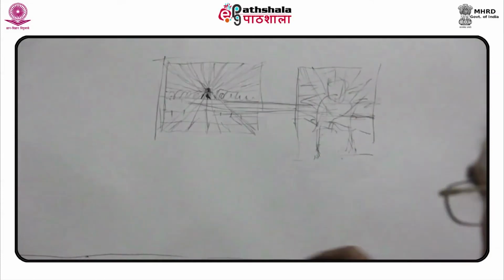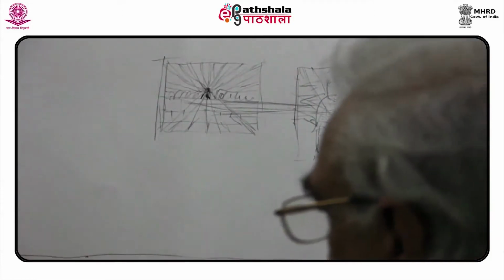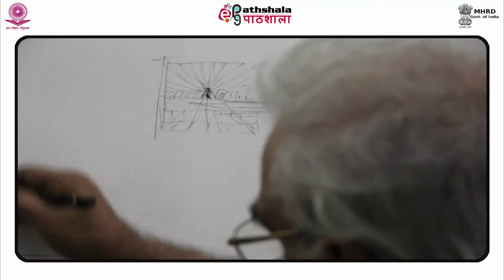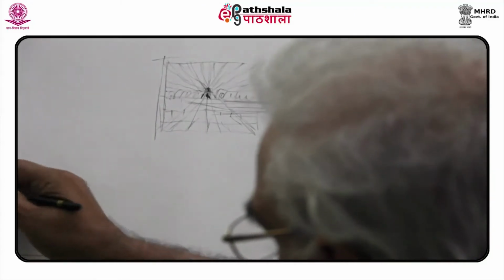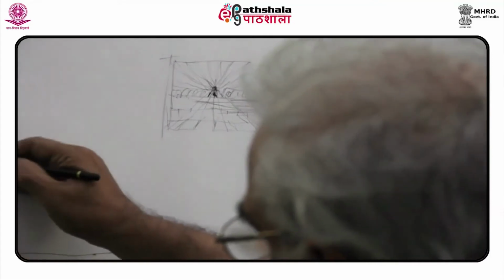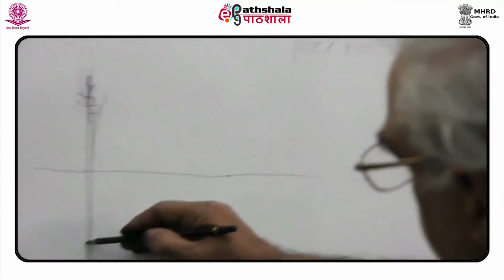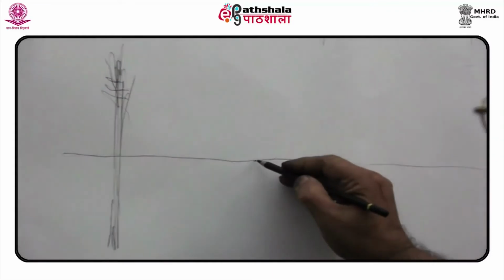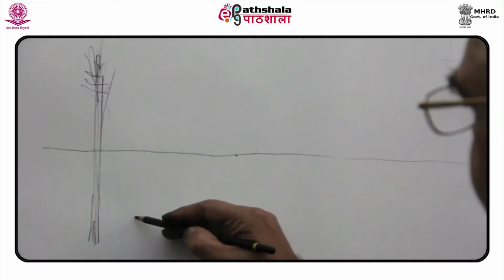Mark a dot on the horizon line as a vanishing point. The vanishing point is always at the horizon. Draw a long form, whether a tree, a pillar, or a pole.